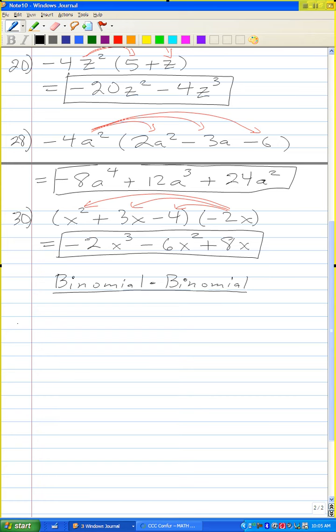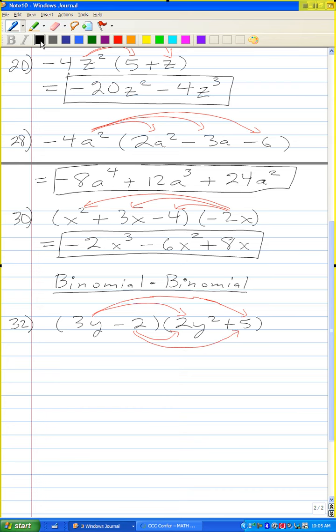So let me do problem number 32. 3y minus 2 times 2y squared plus 5. So first, let me use distributive property and multiply each of the terms in the second polynomial by 3y, and each of these terms in the second polynomial by negative 2.